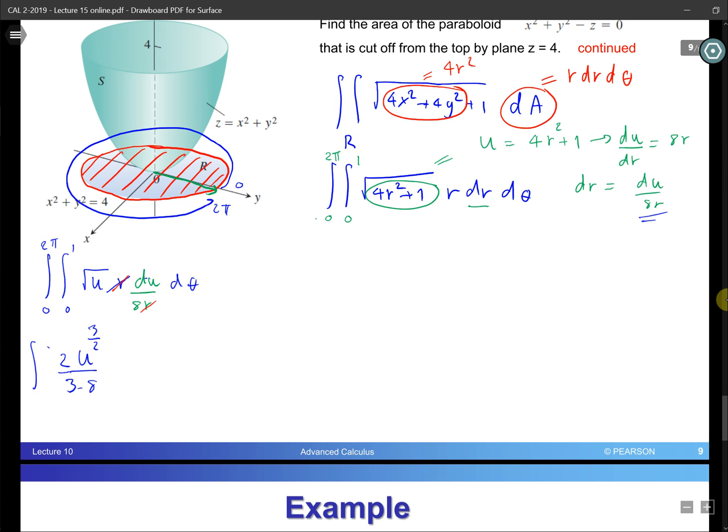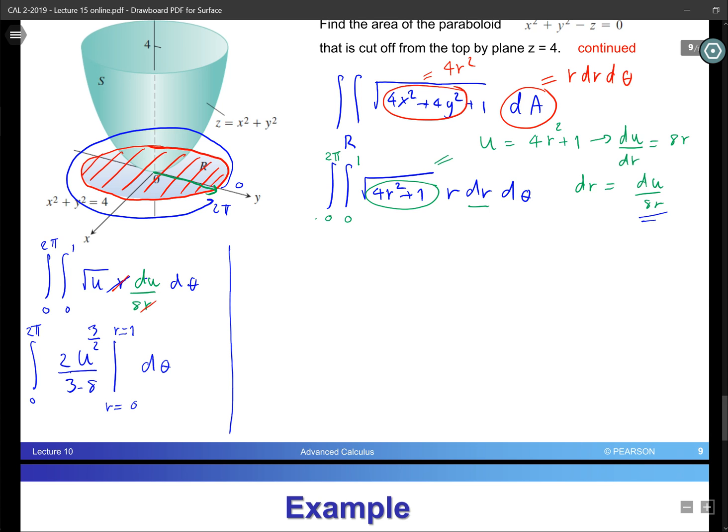Double integration, 0 to 1, that is r, and theta 0 to 2 pi, d theta. Evaluate this at, oh my god, I made a mistake, I'm sorry. We have integrated the first time, so this has to go away. So we evaluate this at r equal to 0 and r equal to 1, and one more integration after that.